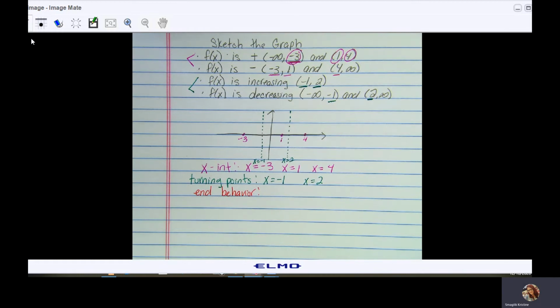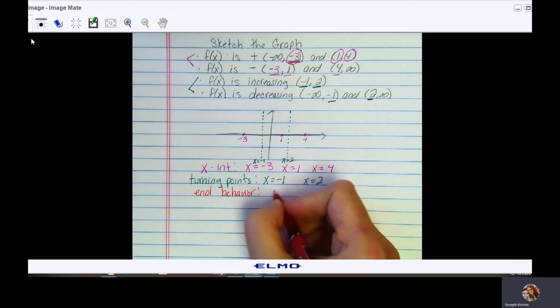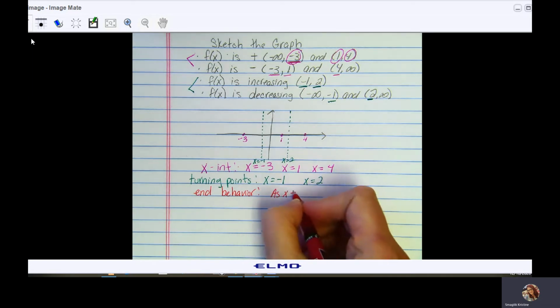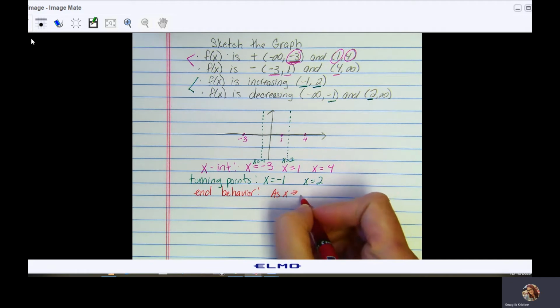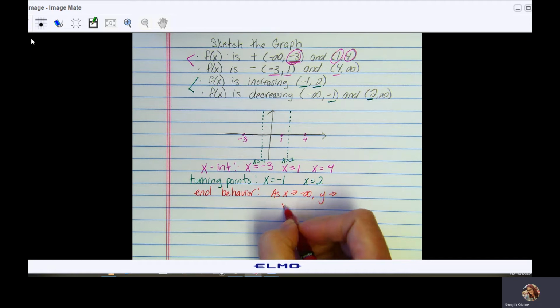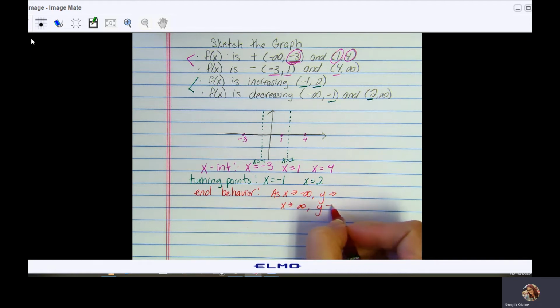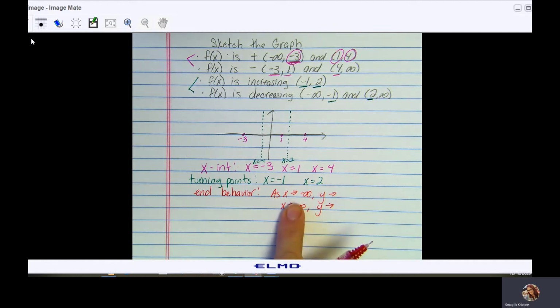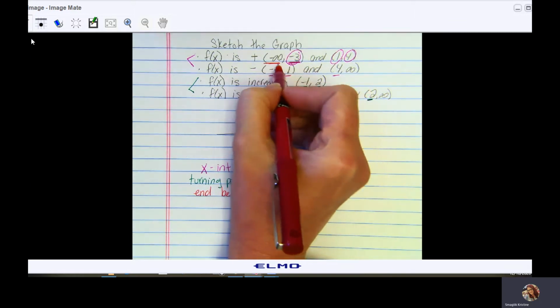Now let's look at end behavior. As you recall, as x approaches negative infinity, where's y going? As x approaches positive infinity, I did that backwards. It's different. It's changed in your book. That's okay. So as x is going down to negative infinity, where is y going? Well, if you look here, here's negative infinity.